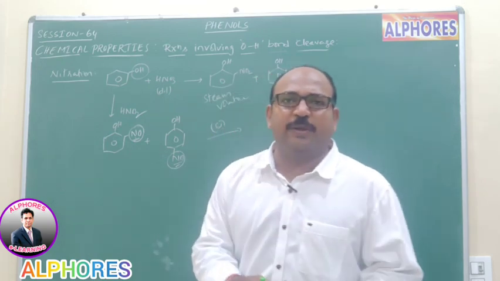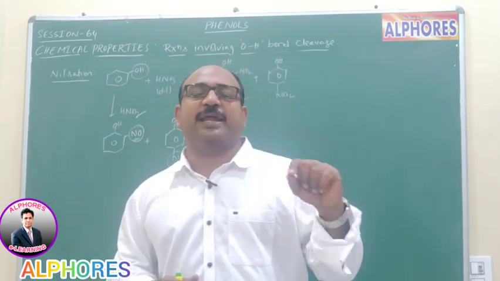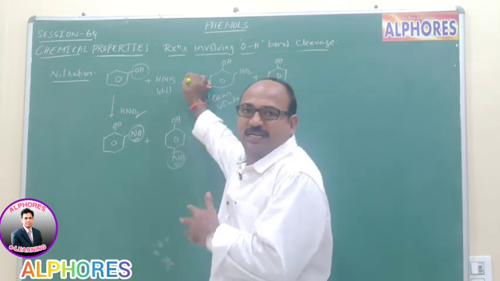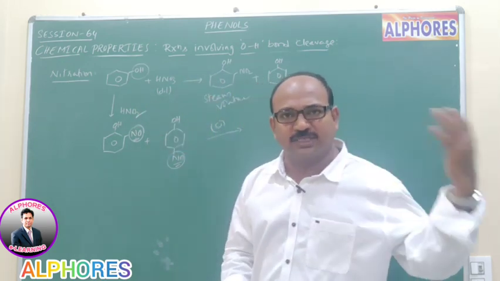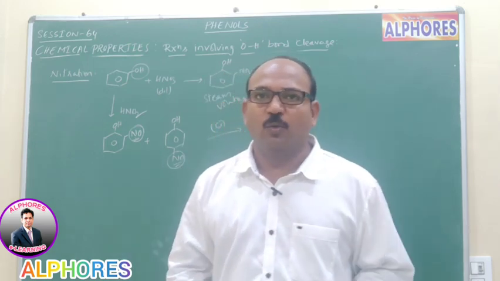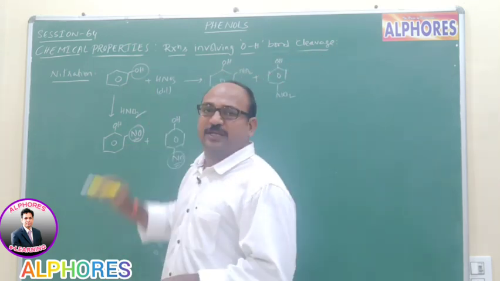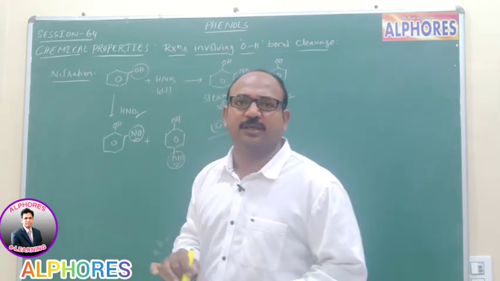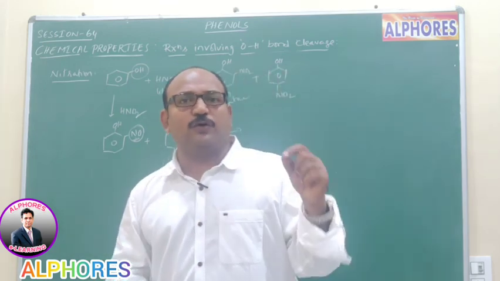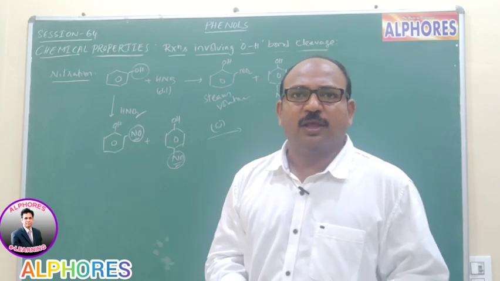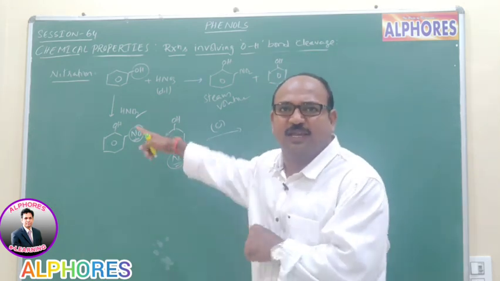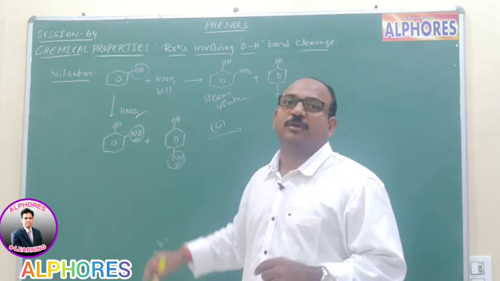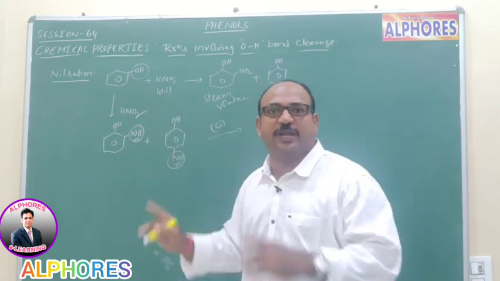If we want to prepare 2,4,6-trinitrophenol, let us consider phenol with concentrated nitric acid. Can you get 2,4,6-trinitrophenol? No. We are getting oxidized products, different products instead of nitration products. So if you want to prepare 2,4,6-trinitrophenol, the best method which we discussed earlier is, phenol first, better to perform sulfonation.